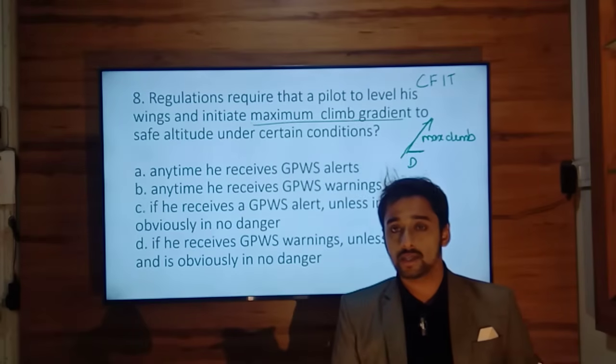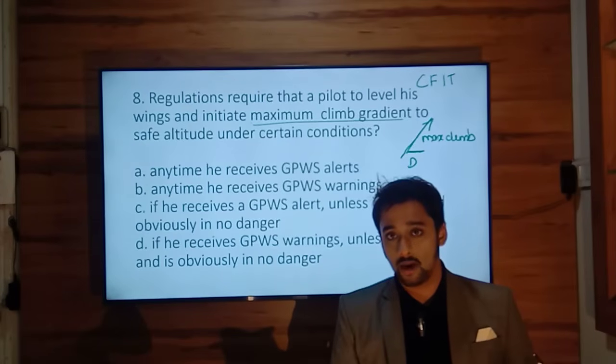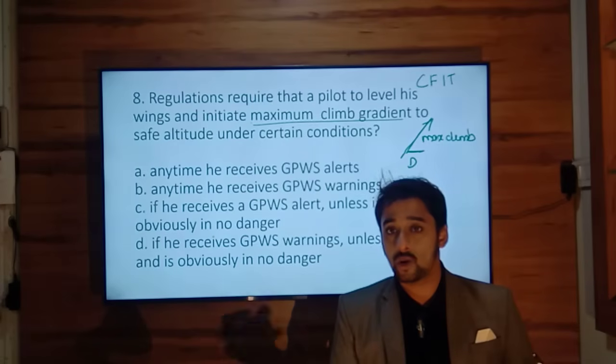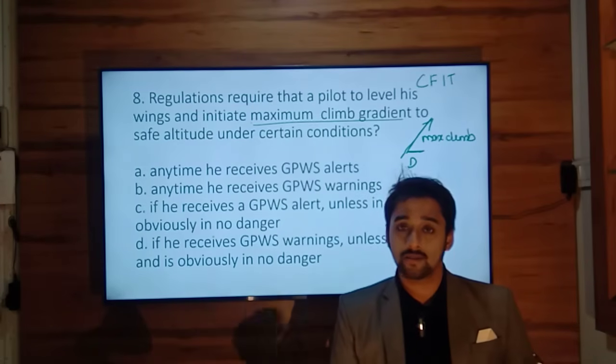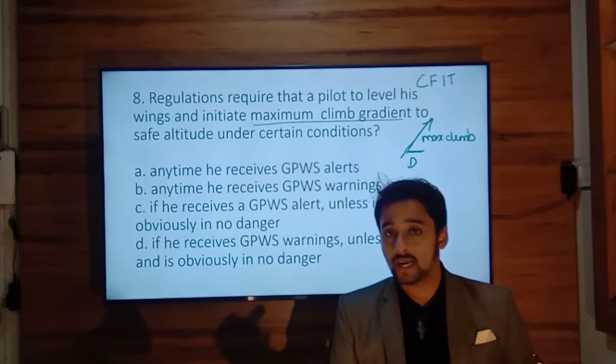Whenever your aeroplane descends at a very high, excessive rate, or comes down towards the ground in a wrong configuration, this system gives you alerts and warnings. If you descend just after takeoff, instead of maintaining a rate of climb, and your rate of climb has decreased, you will again be given an alert and a warning.